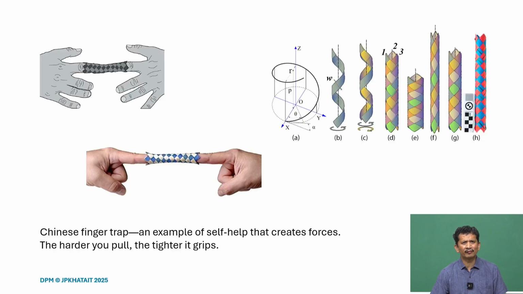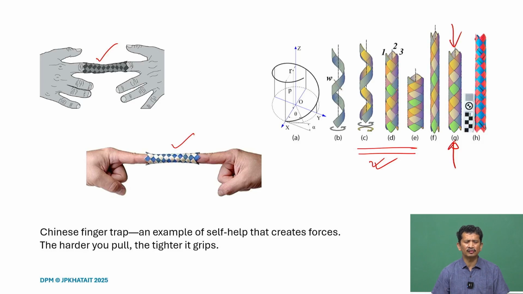It is just for the game, but this concept we can also use. So, it is a trap, and what you see here is a very simple toy made out of these kind of things. What we realize is that when we insert our finger and try to bring it from both sides, actually the diameter increases.